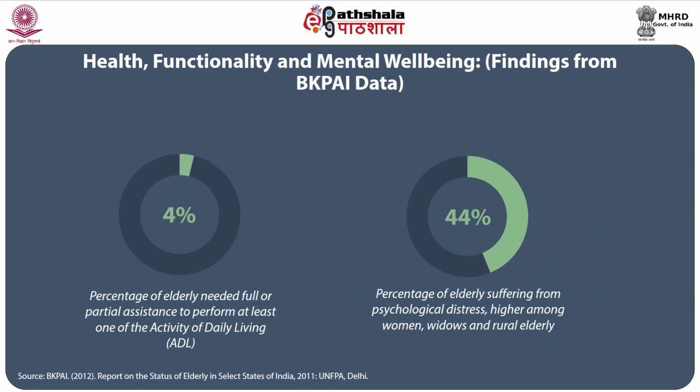In the case of mental health, we need to know that there are certain sections of the elderly population who have a high incidence of mental health problems. For instance, as high as 44% of the elderly were suffering from psychological distress, and the proportion was much higher among segments like women, widows and rural elderly as compared to their counterparts in this society.